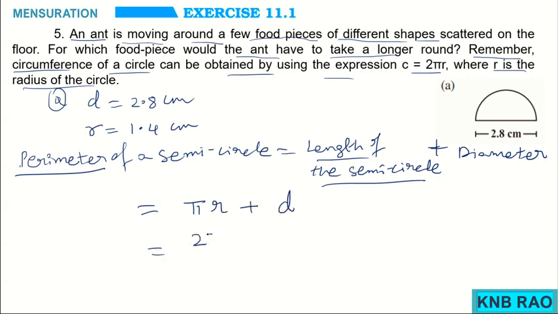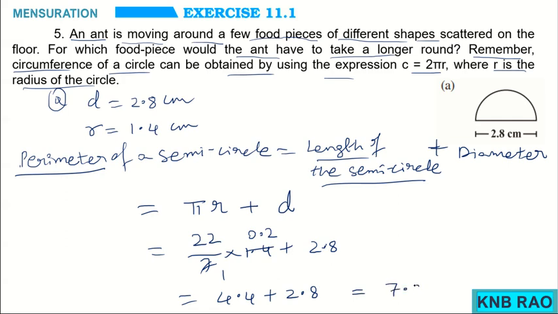That means 22/7 into 1.4 plus diameter 2.8. I am adding that. So 7 ones are 7, 0.2. Now 22 into 0.2 is 4.4, added to 2.8 gives 7.2 centimeter, being the length that an ant will go around this semicircle.